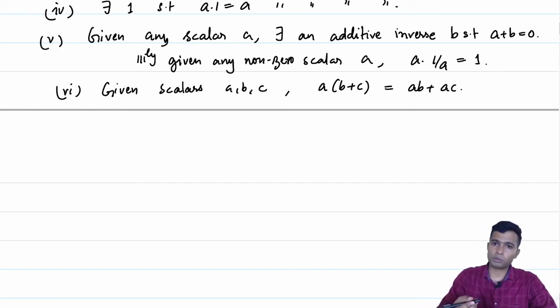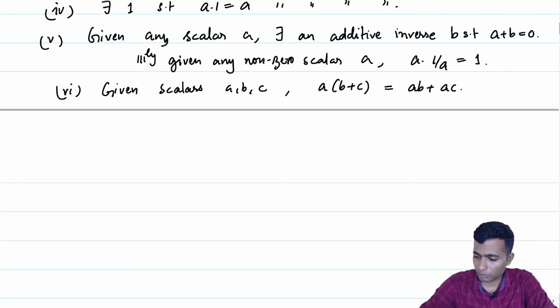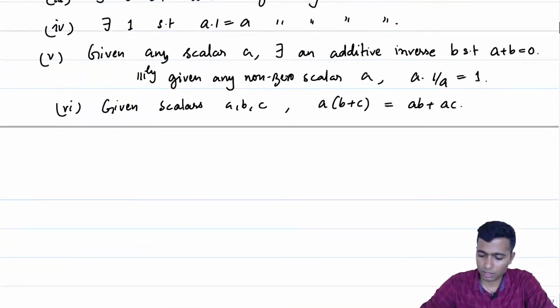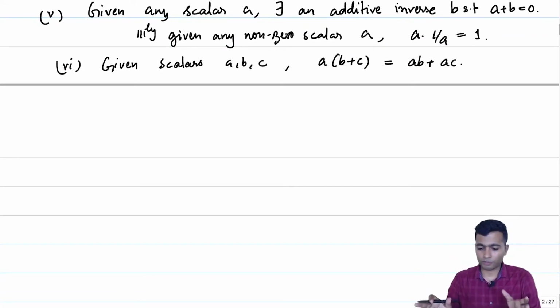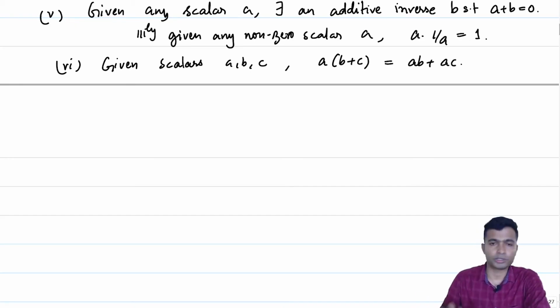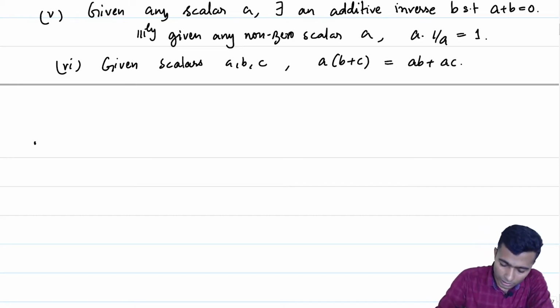We know a lot more about real numbers, but let me just single out these properties, because these are the properties of the scalars that we will be using in this course.